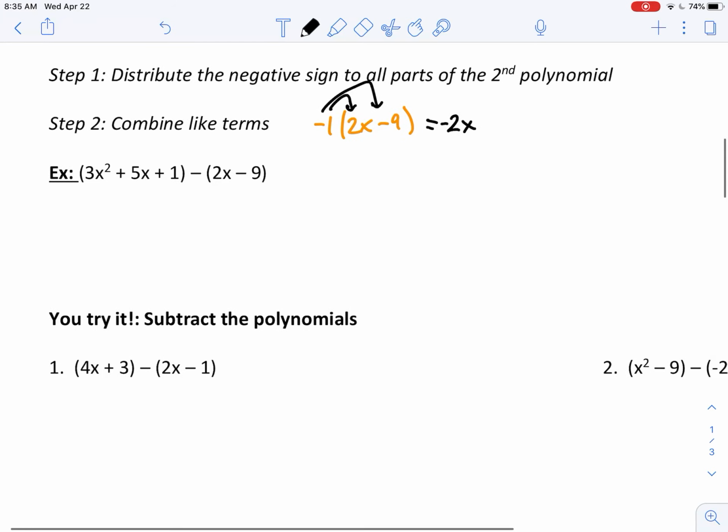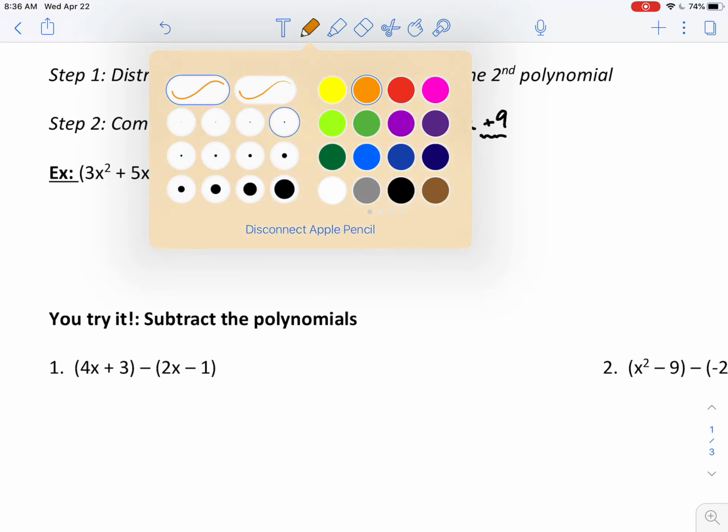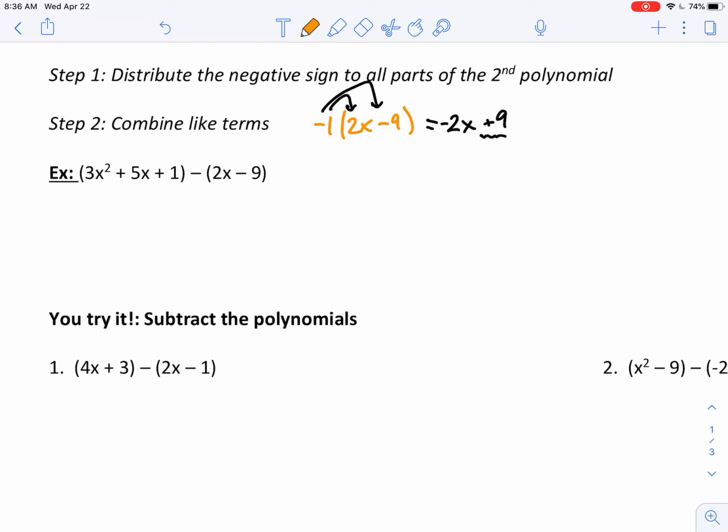Because if we think about -1 times 2x minus 9, well, let's distribute to both parts here. So -1 times 2x is a -2x. And -1 times -9 is a +9. So you can see all we really did here is we took 2x, and we changed its sign to negative, and we took -9, we changed its sign to a positive.